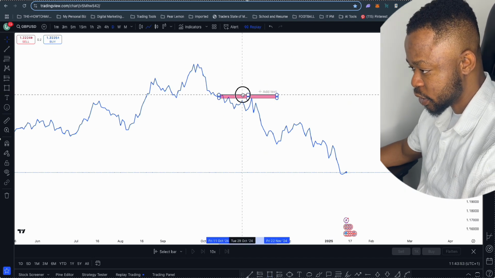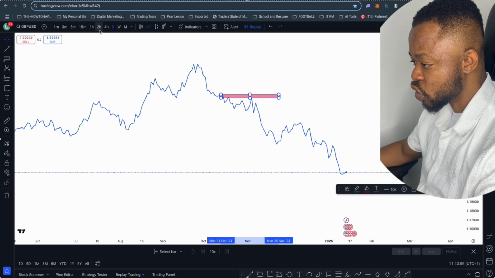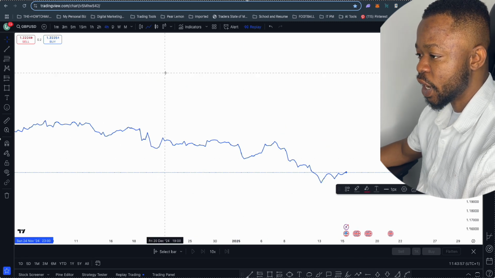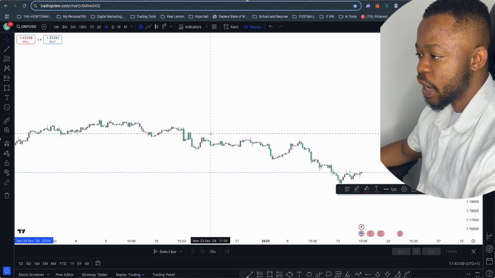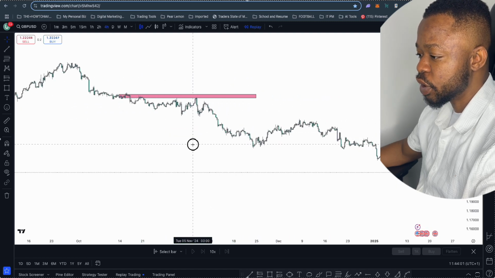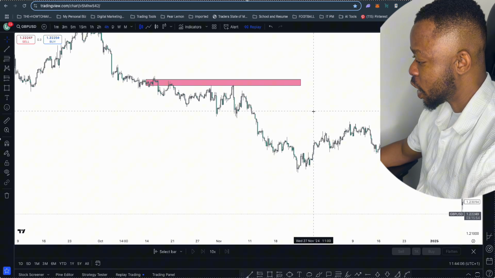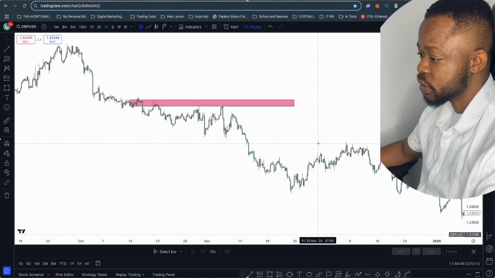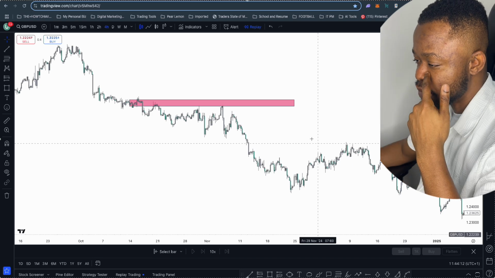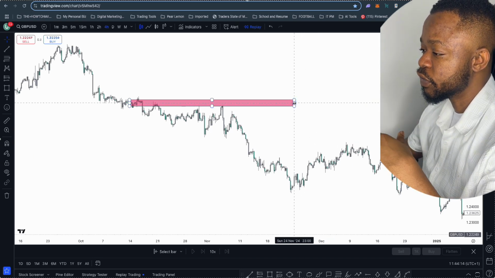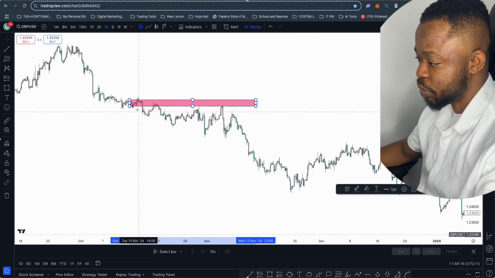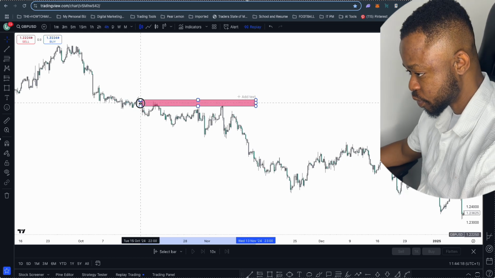Then when I turn on the normal candles, if we have spikes or wicks, I'll be able to see properly how those wicks formed and the right areas for the zone to be, because since I'm drawing the zones from the line chart, I'm able to get more clarity.